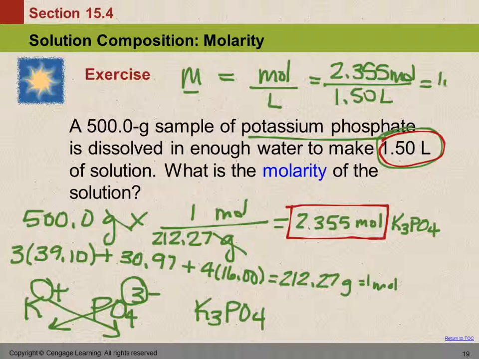So we end up with 1.57 capital M. It got kind of squished over there. Capital M is exactly the same as moles per liter, so you can write either one. Any questions?